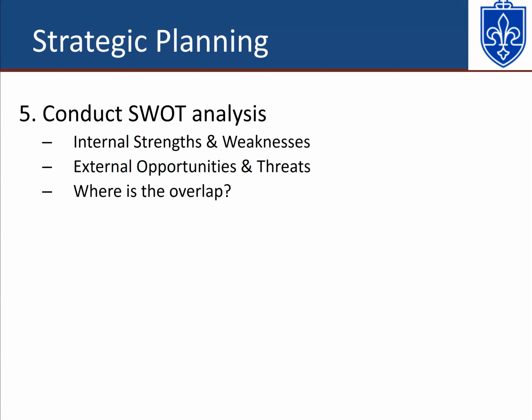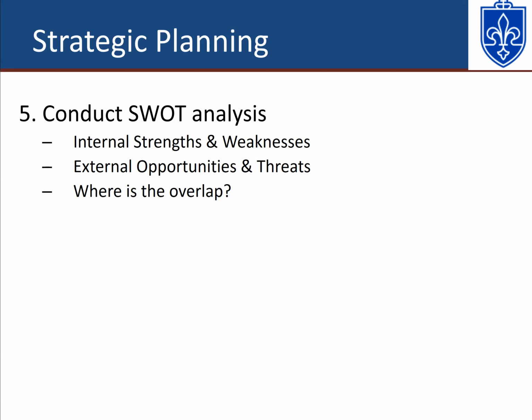This is a current state or situational analysis. It also should look externally at opportunities and threats that are out in the environment that are or will impact it or other organizations within its industry or even outside of its industry.